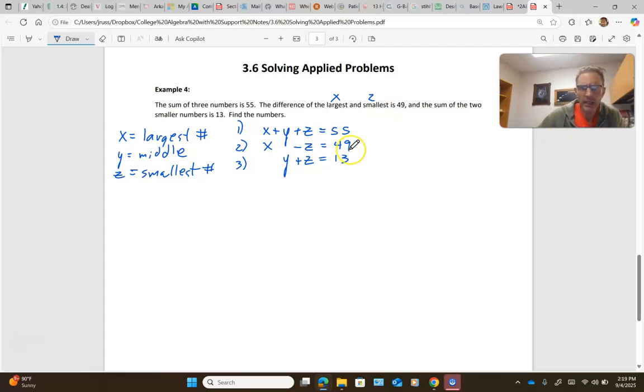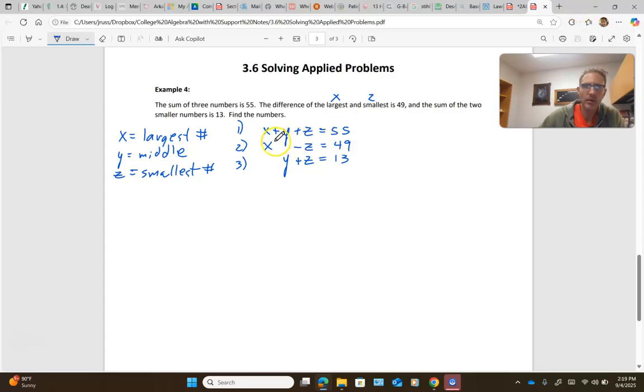Now I'm looking here, and I notice I have two X's and two Y's. So I would definitely want to try to eliminate either the X's or the Y's first. Eliminating the Z's is just going to be more work, because you're going to have to combine 1 and 2 and then 1 and 3 again, because the Z is in all three of those equations.